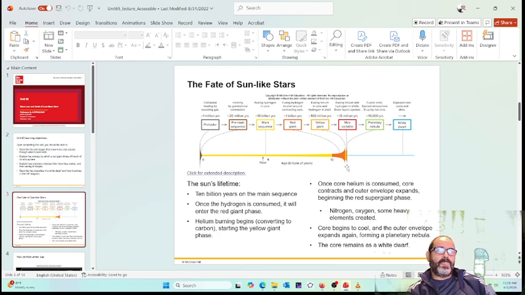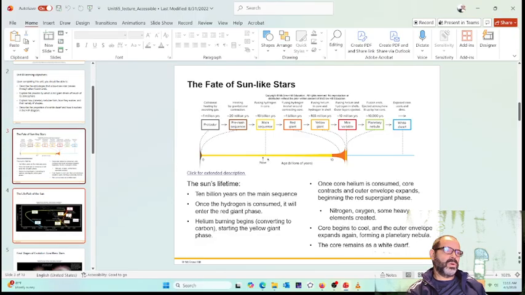The gamma rays that were coming from the nuclear reactions become super high energetic, which pushes out more and more of that planetary nebula, and the core itself will be exposed and its temperature starts to cool over time. So this is in a nutshell how the process works for a low mass star.